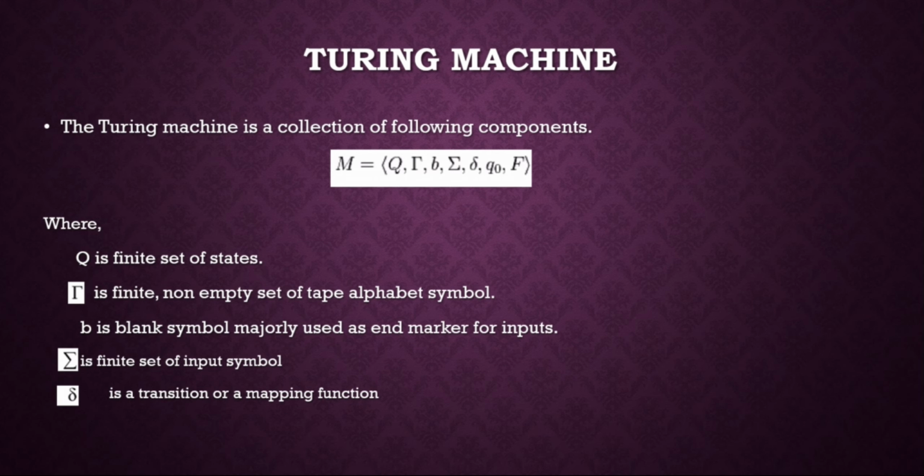B is the blank symbol, which acts as an end marker or separator for input. Delta is the transition or mapping function that defines how the machine moves from one state to another based on the current symbol being read and the current state.